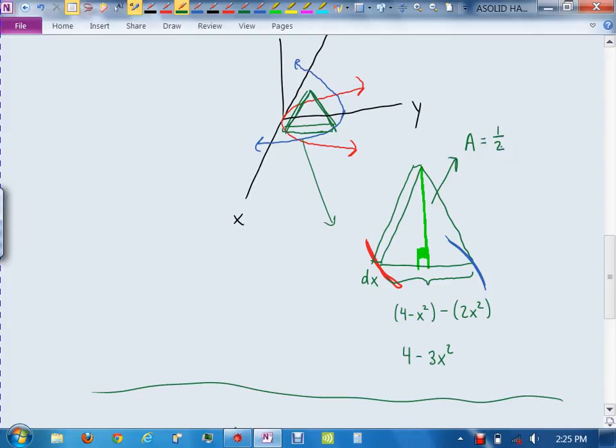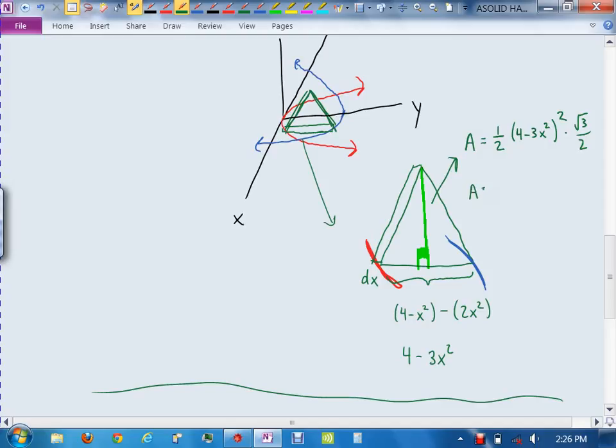1/2 AB. What's AB? They're the same, aren't they? A and B are the same? So it's A times itself, so squared, times sine of 60 degrees, which is root 3 over 2.